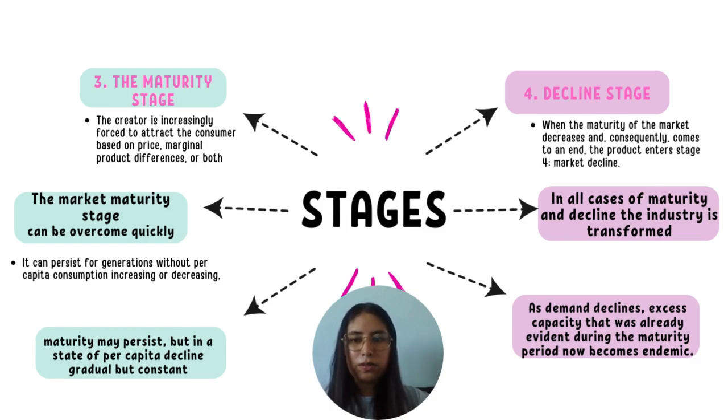Maturity might persist with a stage of per capita decline, gradual but constant, as in the case of beer and steel. The decline stage follows maturity, and in the decline the industry is transformed.